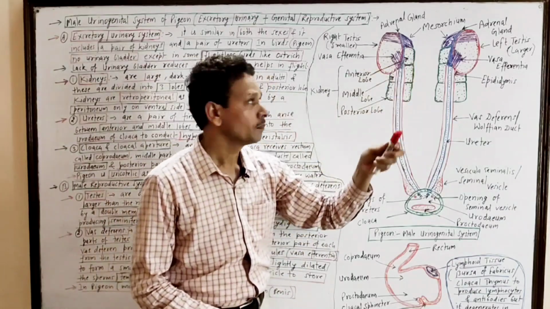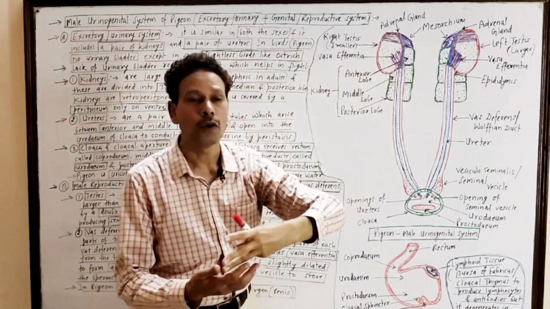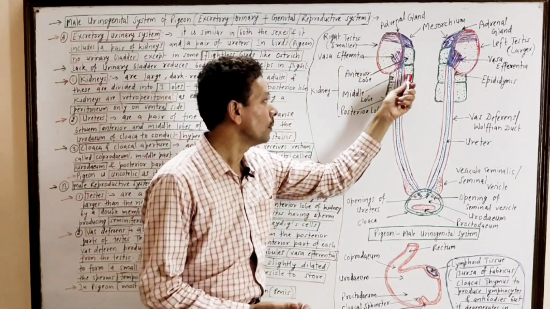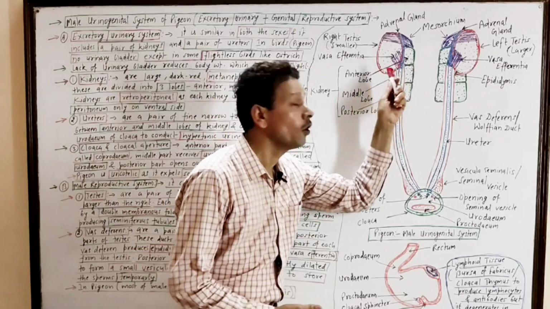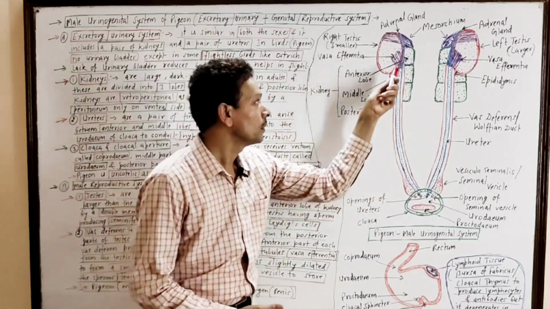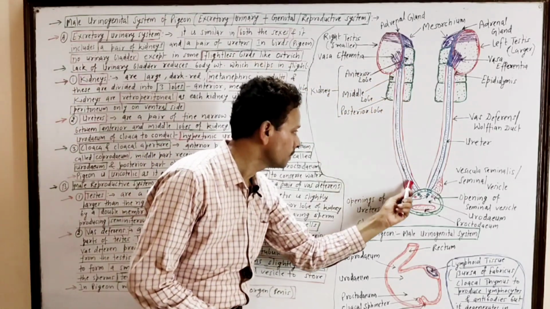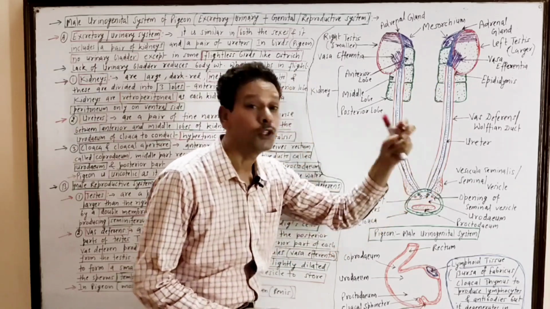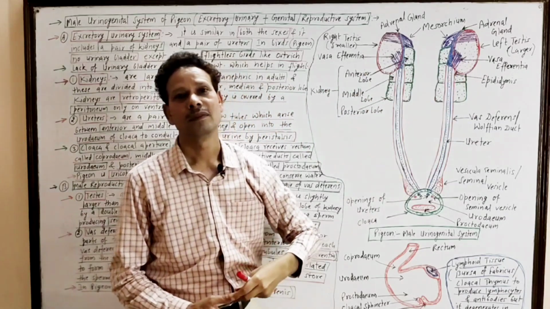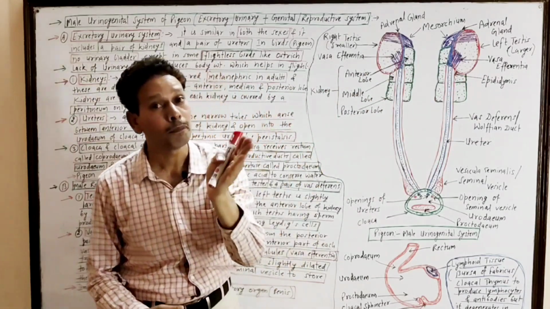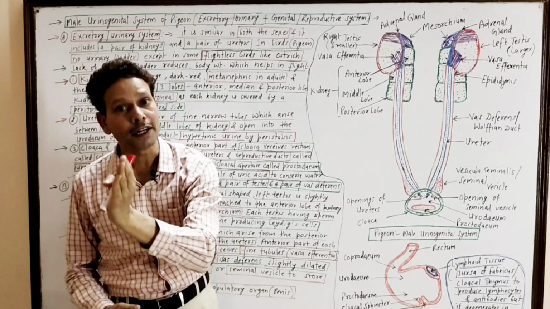Each kidney consists of three lobes: anterior lobe, middle lobe and posterior lobe. Between the anterior and middle lobe of each kidney, these fine ducts, and this duct is the ureter. It conducts hypertonic urine through peristaltic movements.